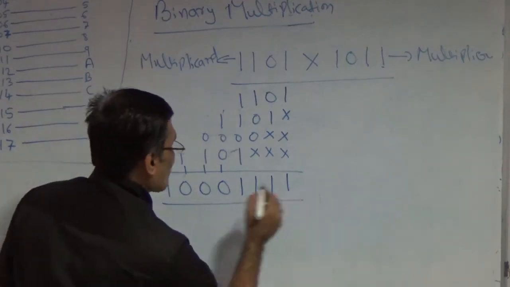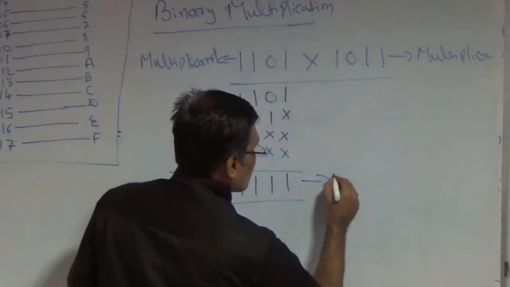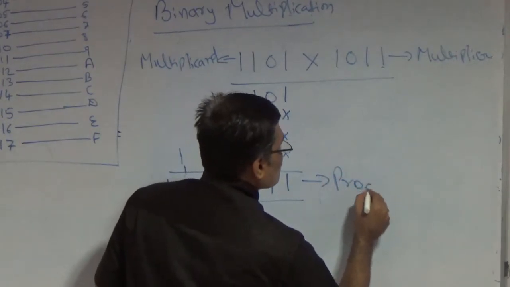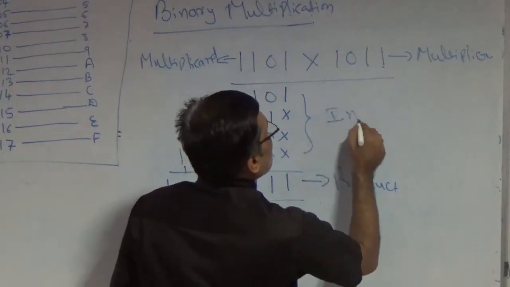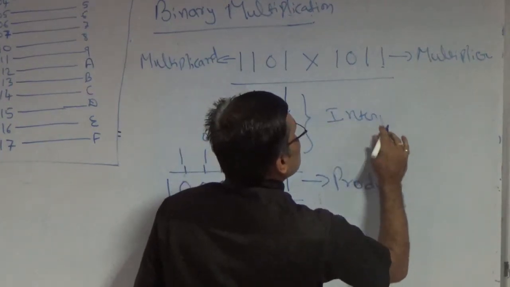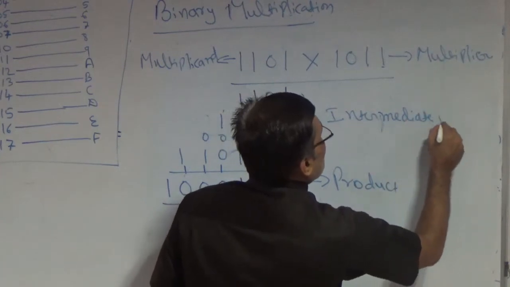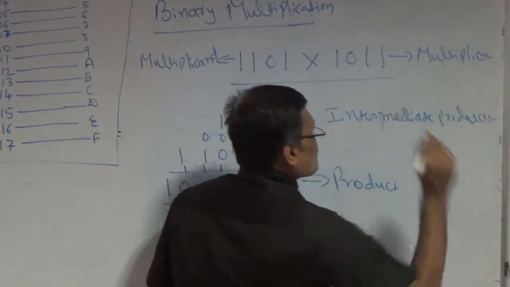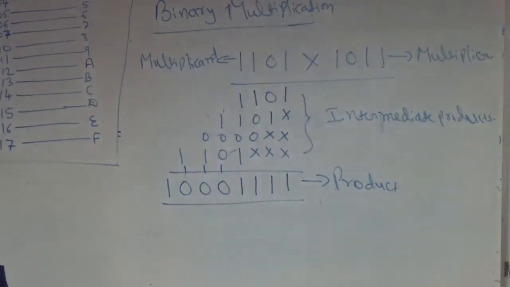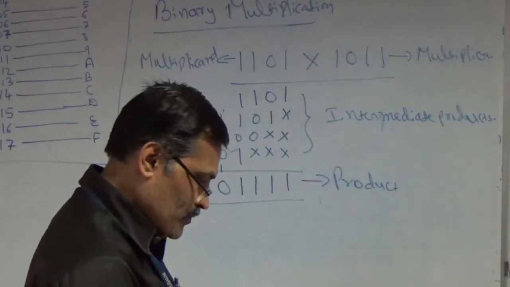So this is the final answer for the product. These are known as intermediate products. As simple as that, so I think this is very much clear.